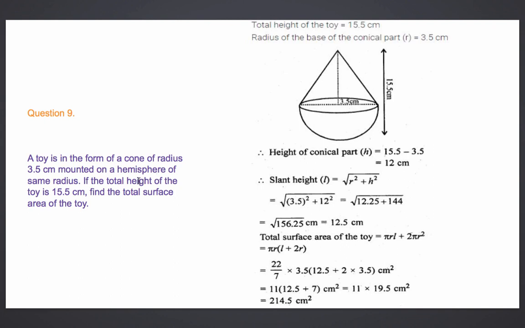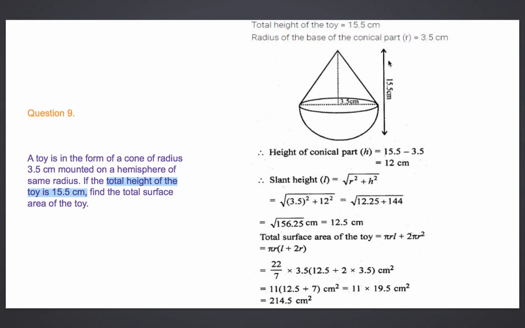If the total height of the toy is 15.5 centimeter, see student, this is again very, very important. We are given in the question the total height of the toy.